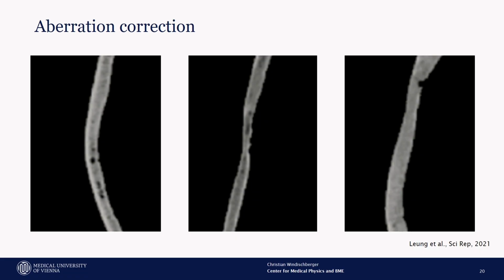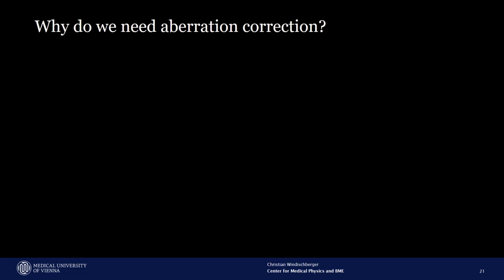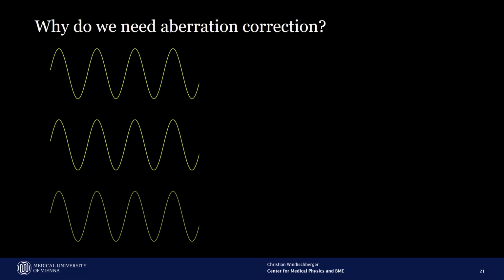Now, the thickness of the skull is an important factor when it comes to something called phase aberration. What is phase aberration? Let's consider we have 3 ultrasonic waves traveling around here, and they're all in phase.